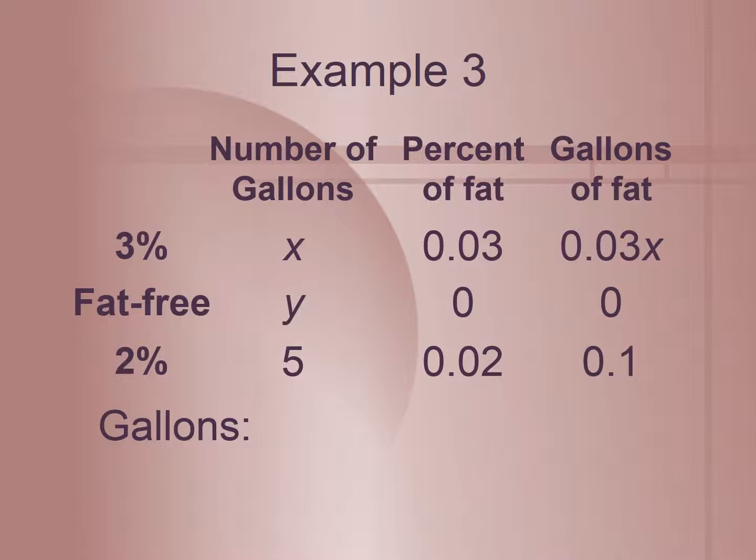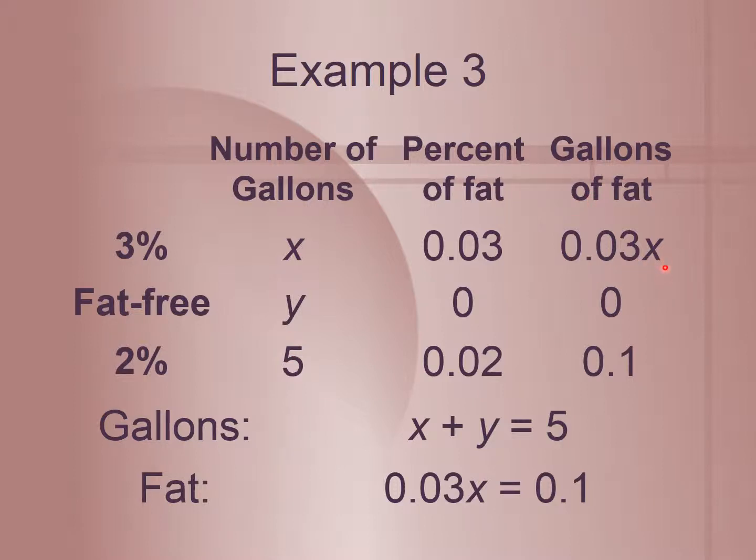So we know that we have a total of 5 gallons. So that means that X plus Y has to be equal to 5. We also know that our fat is supposed to be 0.1, right? Gallons of fat has to be 0.1. So 0.03X plus 0 has to be 0.1, and if you're adding 0 to anything, you just have the thing itself. So we just have 0.03X is supposed to be equal to 0.1.